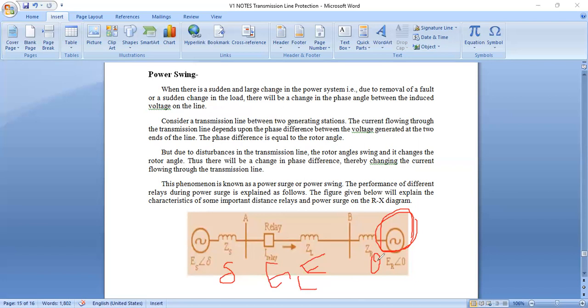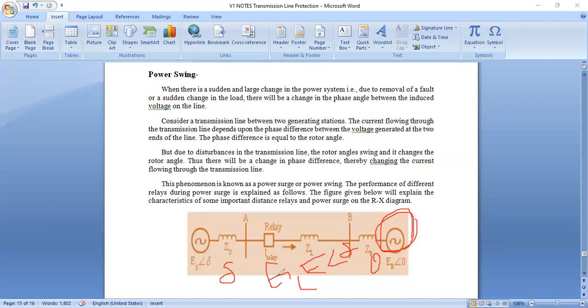E1 leads E2 by angle delta. This angle delta varies till the effect of the power swing or disturbance is damped.